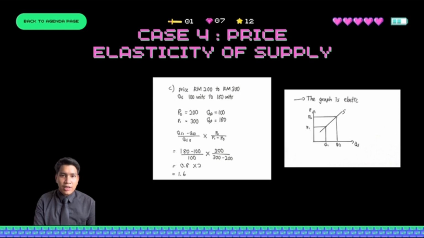The answer, elasticity of supply, is 1.6. The graph is elastic. So the percentage change in price from P1 to P2 is smaller than the percentage change in quantity supplied from Q1 to Q2. The graph is as shown in the slide.